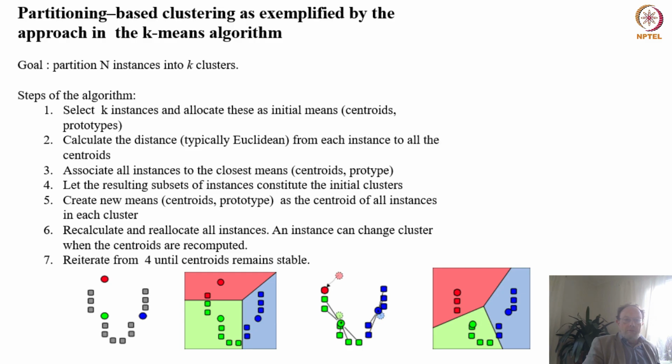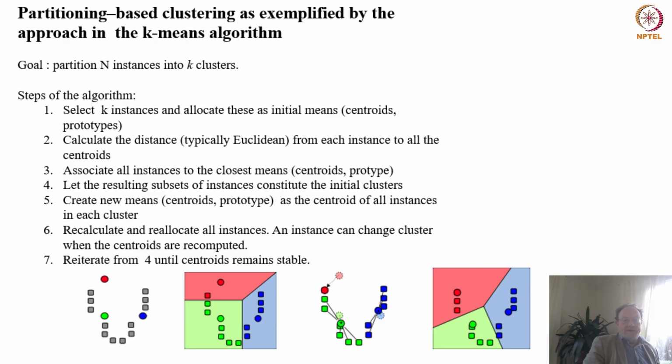I'll start with selecting k instances out of the instances in the data set and allocate these as the initial means, or centroids, or prototypes; terminology varies, and there is some motivation for all these terms. The distance is calculated between each of these means or centroids and every other instance. Typically, in the k-means algorithm, or originally at least, a Euclidean distance is applied.